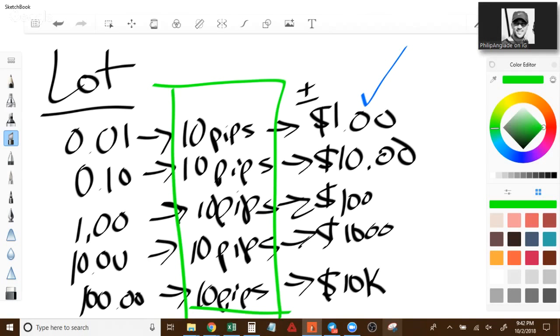That's what caught my attention. The fact that literally you could start out with, let's just say, say you start out with $1,000 in your account, and you're at a one lot. With that $1,000 in your account, when you make 10 pips, you're making $100.